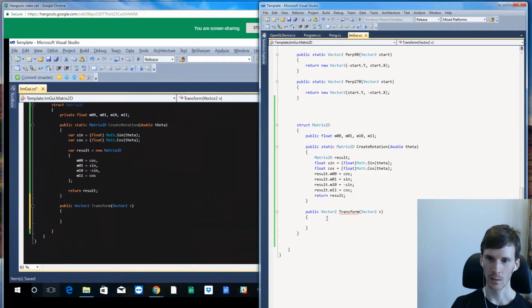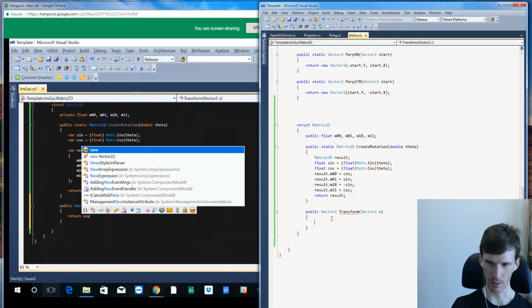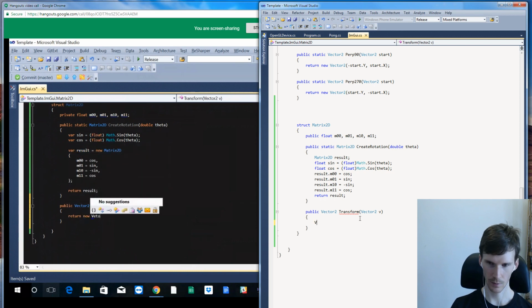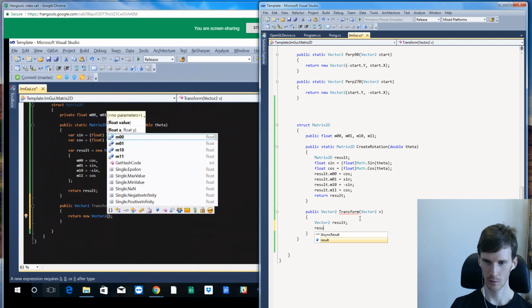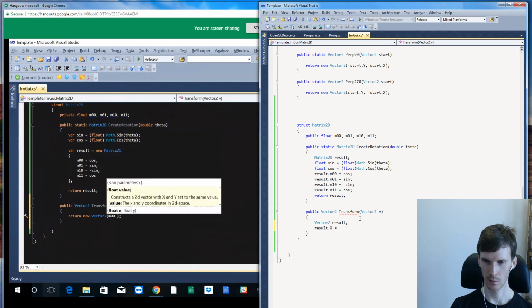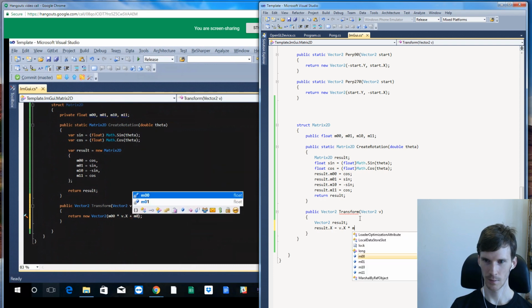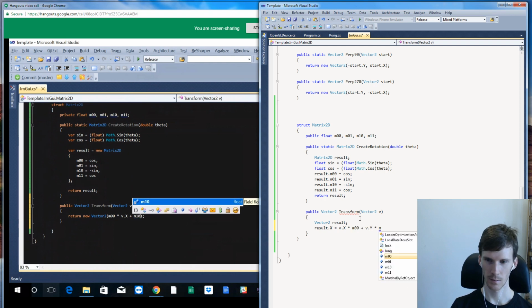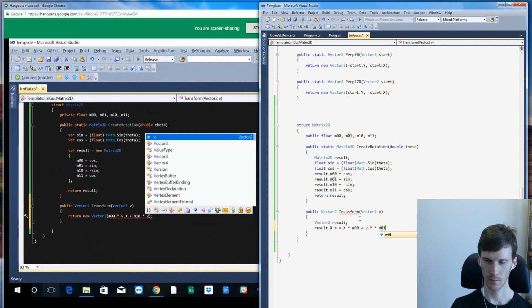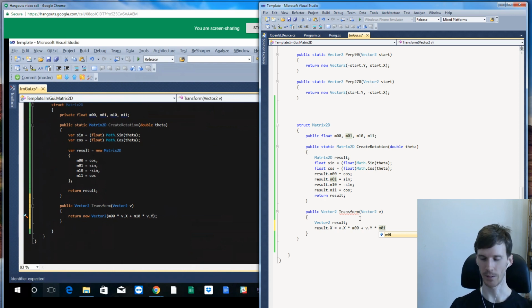Let's figure this one out. m00 times the x plus m10 times the y. It was left to right, step down, so going left and going down.